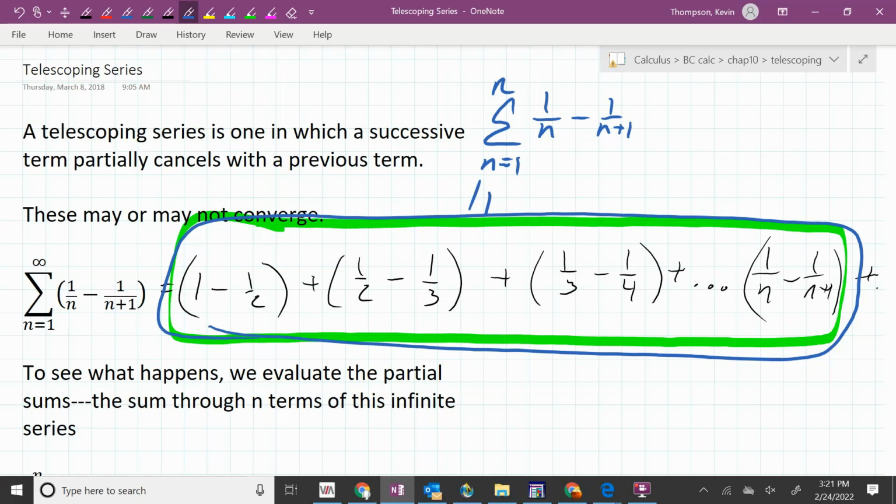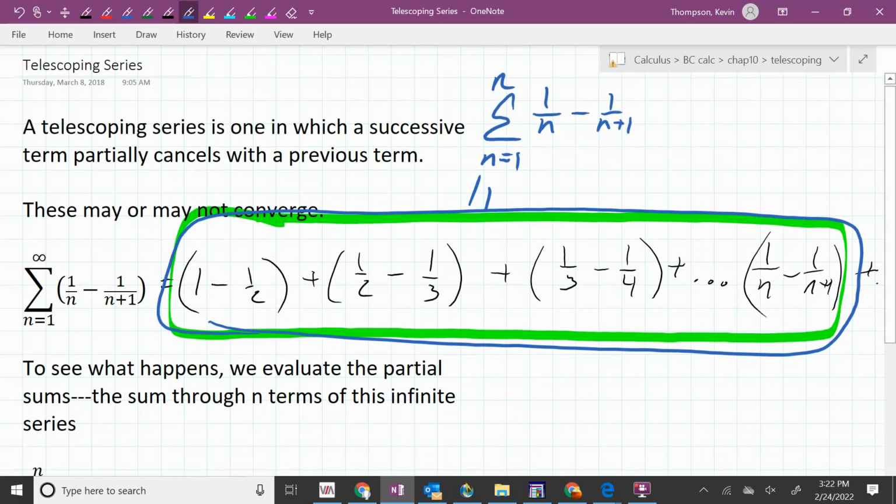Don't think of it that way. That'll disguise what's happening. You're right, but think of the pattern that's going to happen, because you don't want to think of each number. When I add up those first n terms, what are the only pieces left?